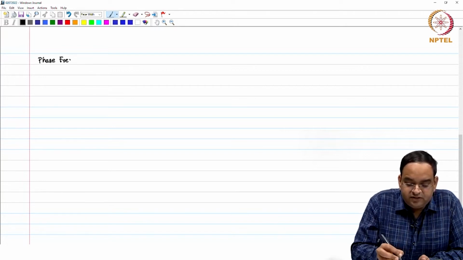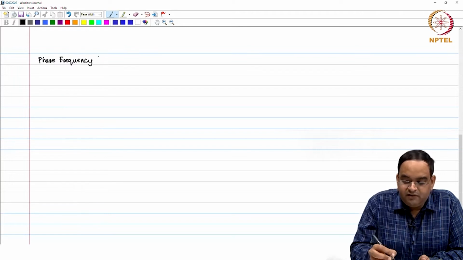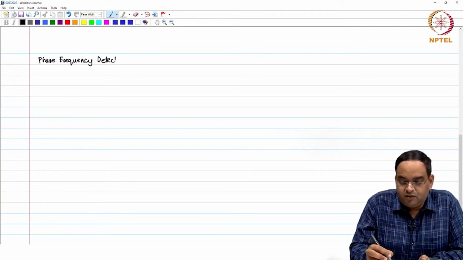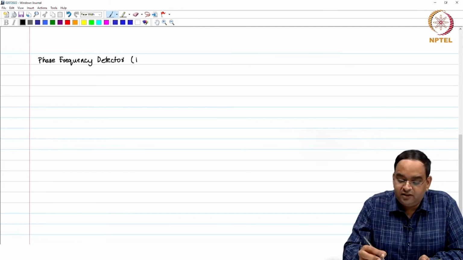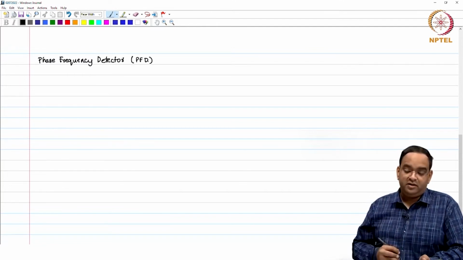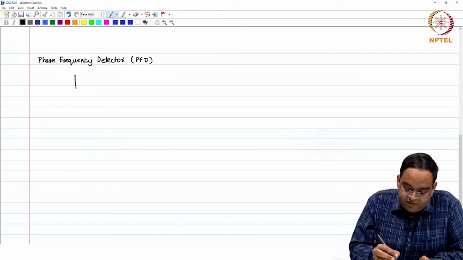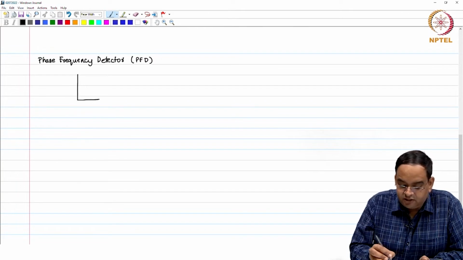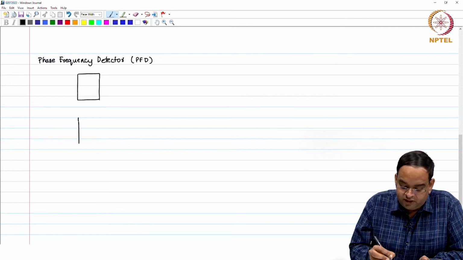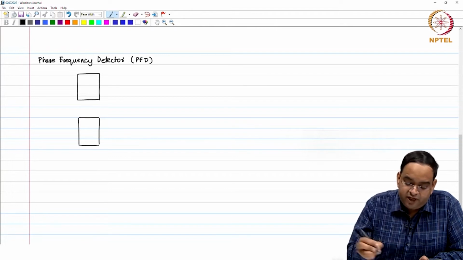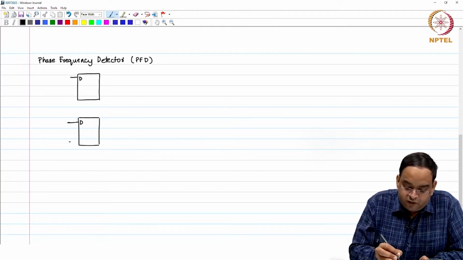Phase frequency detector. We will see what it does, which the other blocks were not doing. It is abbreviated as PFD. Okay. It is typically made up of 2 D flip flops. You can always design it using some other digital circuit also, but you will see that it can simply be designed using 2 D flip flops. Okay. The D input of both the flip flops is connected to VDD, the supply voltage.